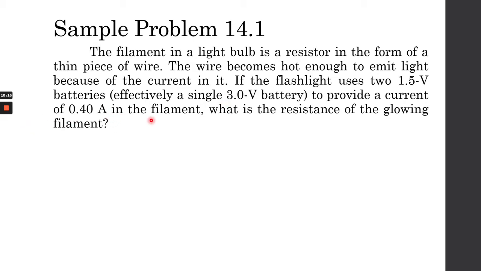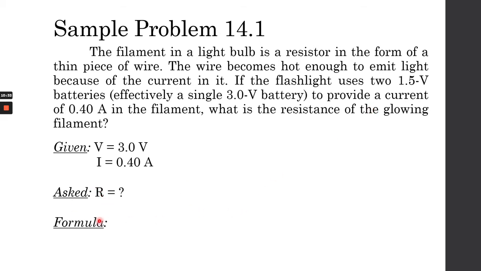So, let's try and solve this. First, let's write our given. Our given first is voltage, which is 3.0 volts, and we are given the current, which is 0.40 ampere. To solve for the resistance, we're just basically going to use the formula that we've learned earlier.